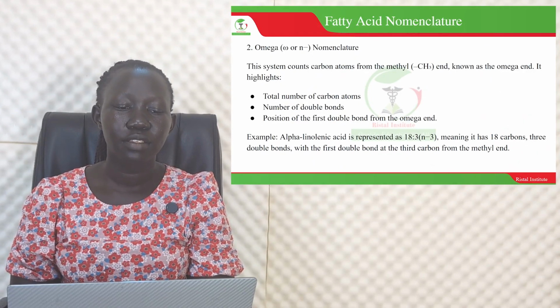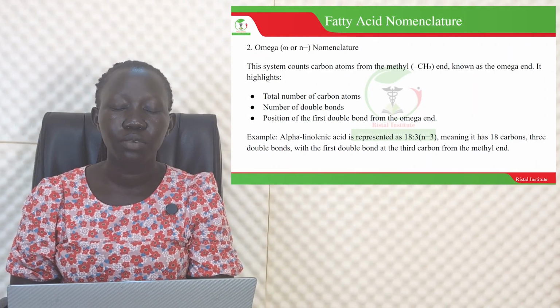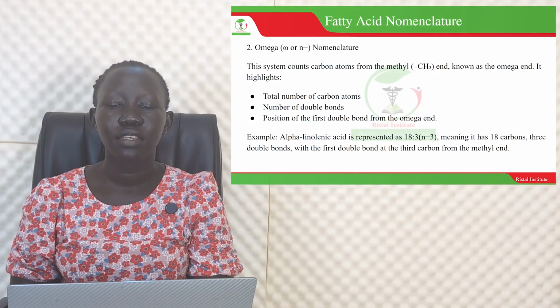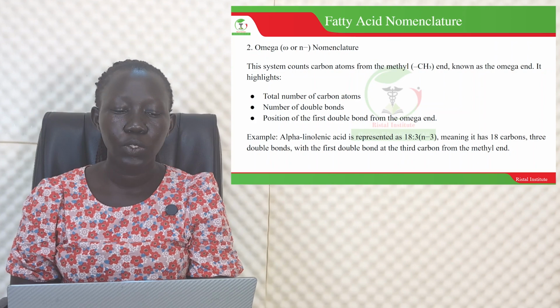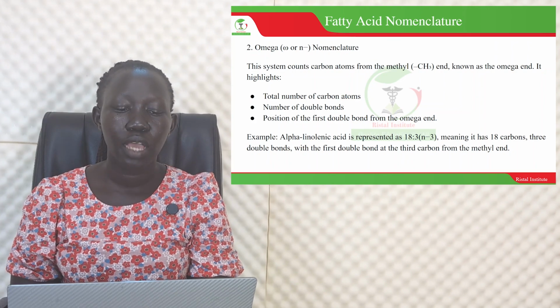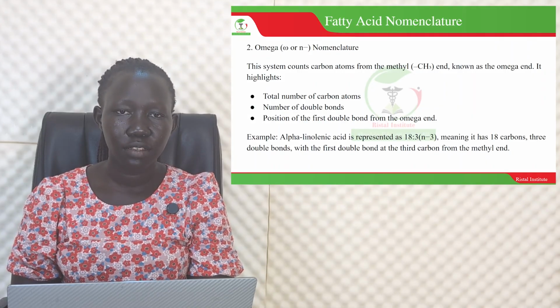The second naming is the omega nomenclature. This system counts the carbon atoms from the methyl end, known as the omega end, and it highlights the total number of carbon atoms, the number of double bonds, and the position of the first double bond from the omega end. For example, let's take alpha linolenic acid.